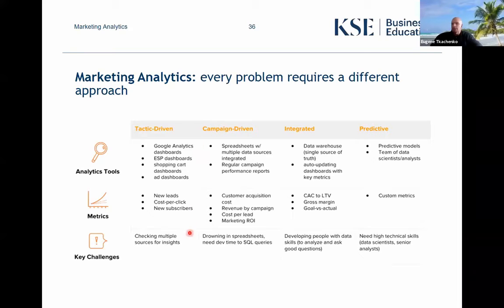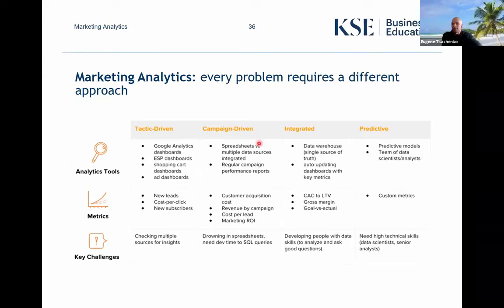If we have a tactic-driven approach, or campaign-driven, integrated, or predictive, based on the stage of digital marketing transformation of the company, we have different challenges at every given step, as well as the metrics we are referring to. Acquisition efforts: we are focused exclusively on new leads, with advertising metrics which reflect our acquisition performance.